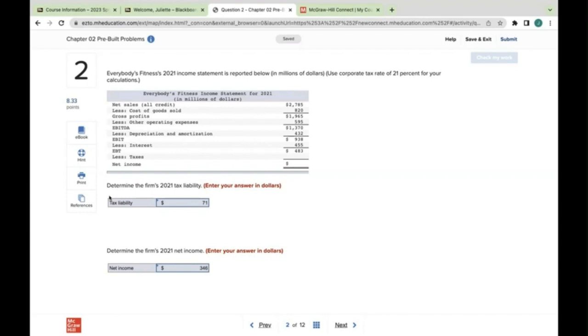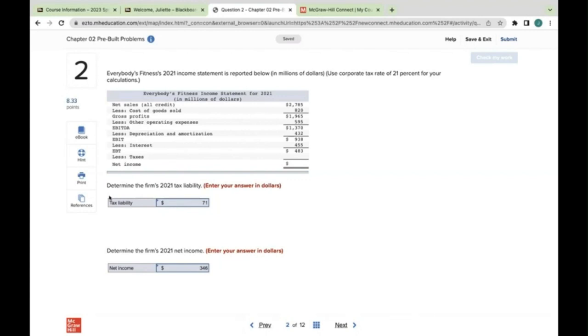That's your tax liability. Wait, so I do EBIT times point... No, EBT, not EBIT, because EBIT is before interest and taxes, right? So you have to subtract interest first.